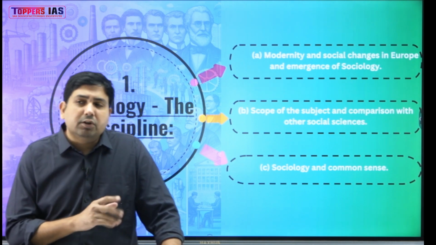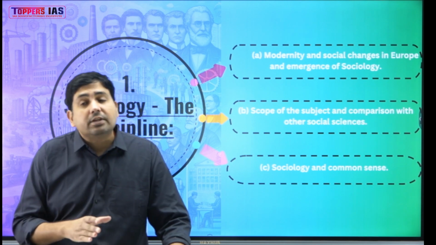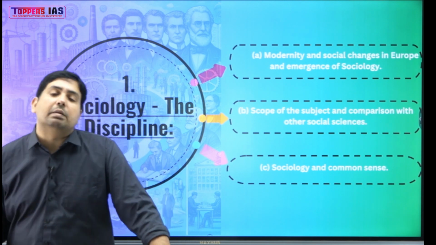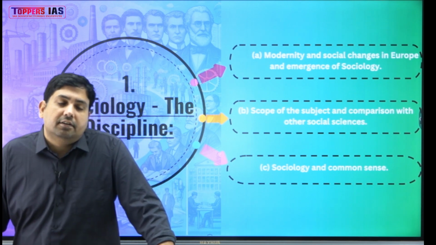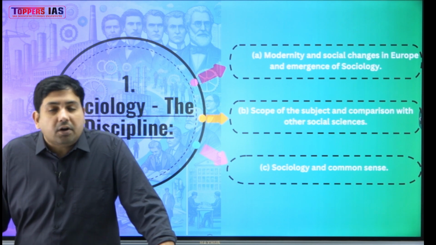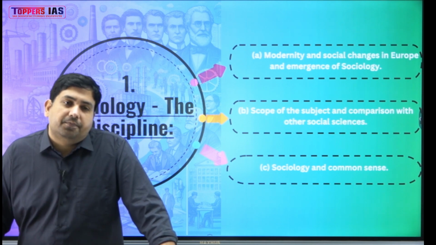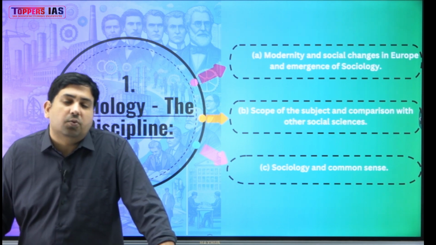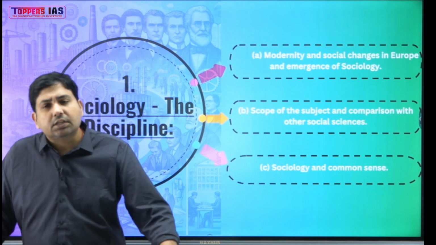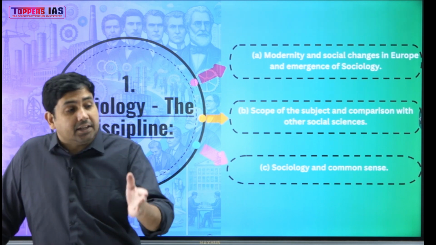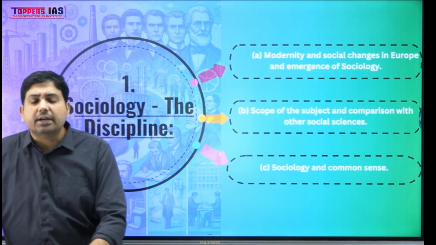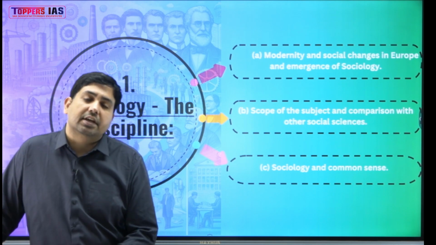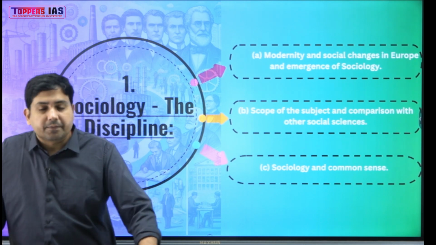But after the revolution, the idea was that people should govern themselves. It's not a divine right which is given to the king, no. So this created new social structures, and in the process it also created various problems in society.